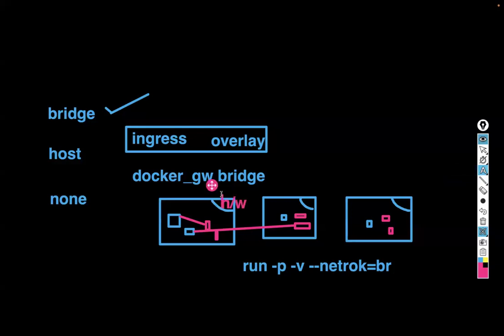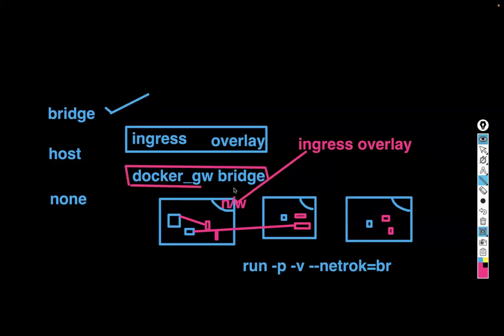Now, there will be one add-on or top-up above that, which is called the ingress overlay network, which runs on top of this network. This ingress overlay will be connected to this host network using docker_gwbridge. Docker GW bridge is like a wire which connects the host network with the ingress overlay.